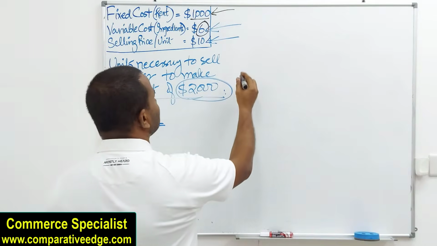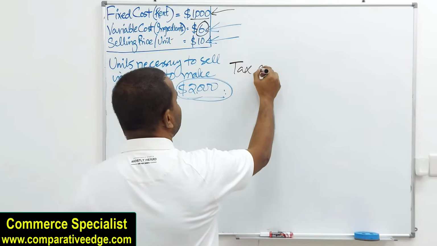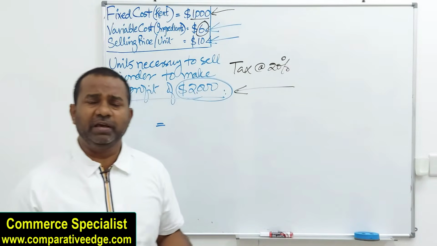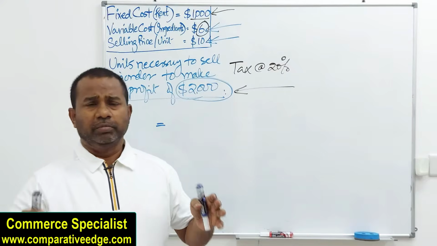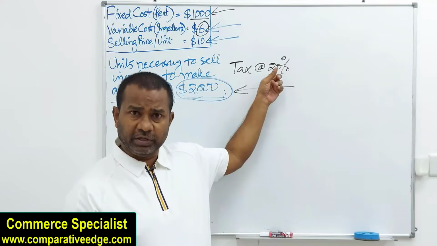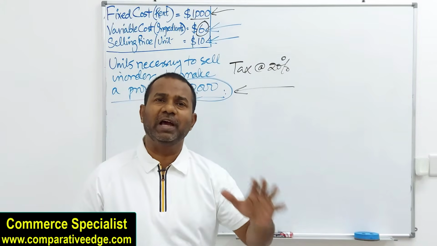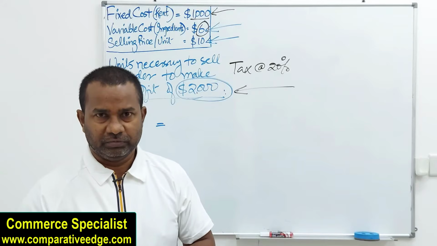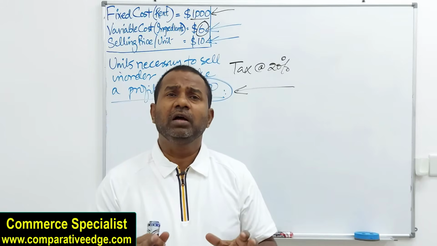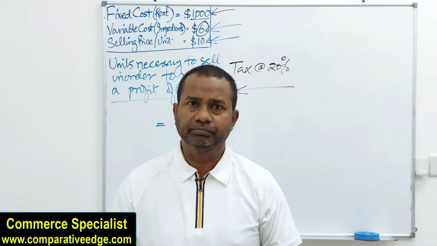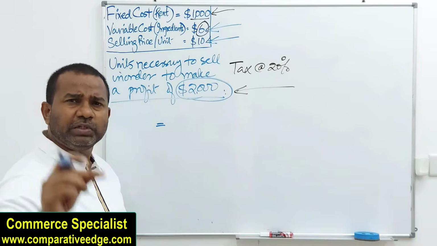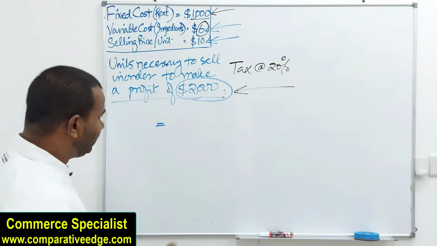So assuming that tax is at the rate of 20%, and your client's expectation is the same, that your client wants to make a post-tax profit of 2,000. How many units should he sell in order to make an after-tax profit of 2,000? So let's have a look at the formula. The formula is very much the same with just one minor modification in it.